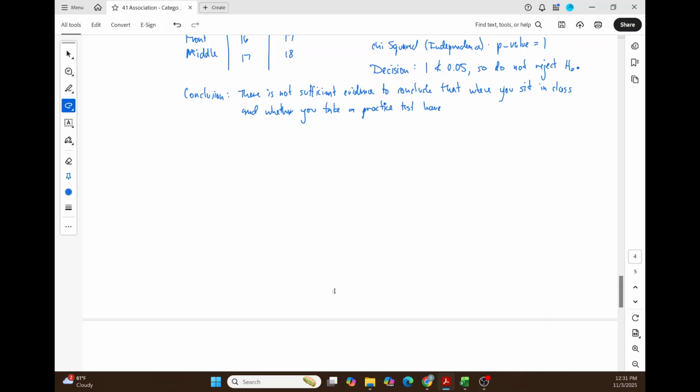Or we'll just say that they're dependent, right? There's not sufficient evidence to conclude that where you sit in class and whether you take a practice test are dependent variables. Okay, the evidence seems to say that they're probably independent of one another.